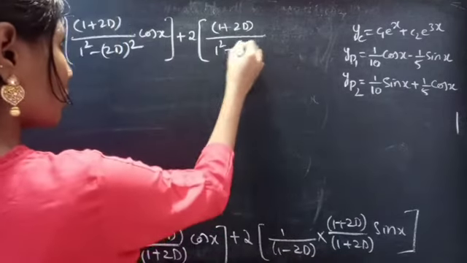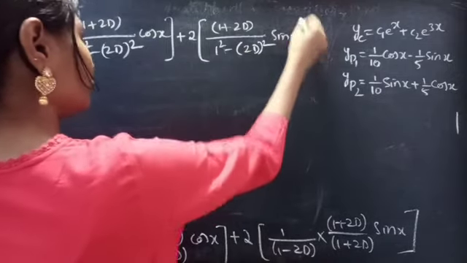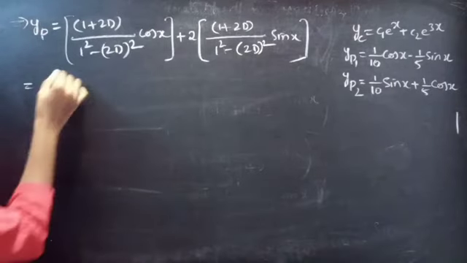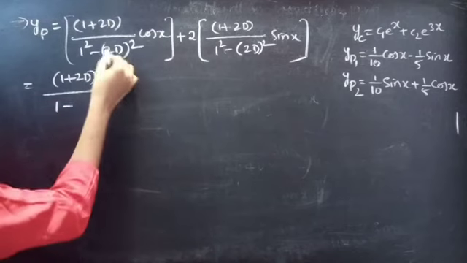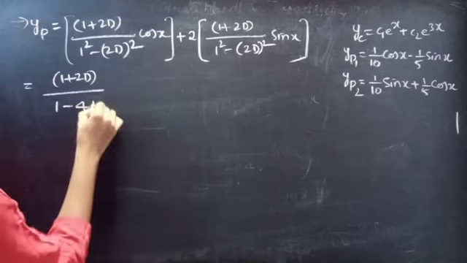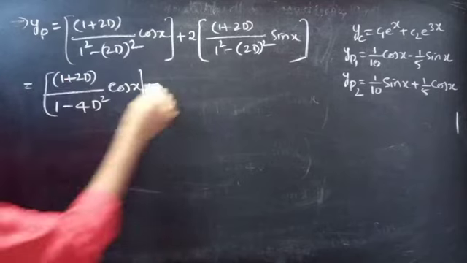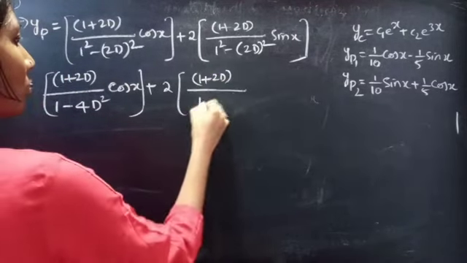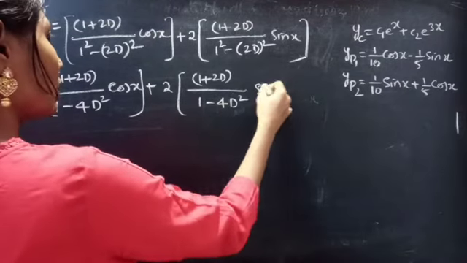We can write it as a square minus b square into sine x. This becomes 1 plus 2d by 1 square is 1 minus 2 square is 4 into d square cos x plus 2 into 1 plus 2d by 1 square minus 2d whole square is 4d square into sine x.